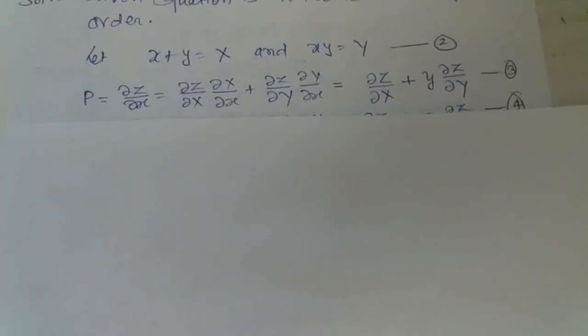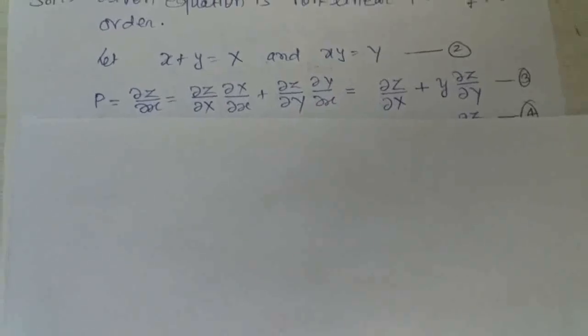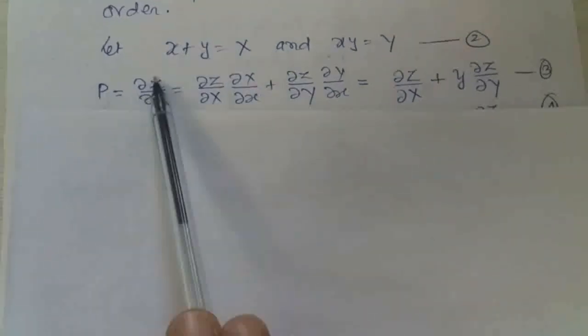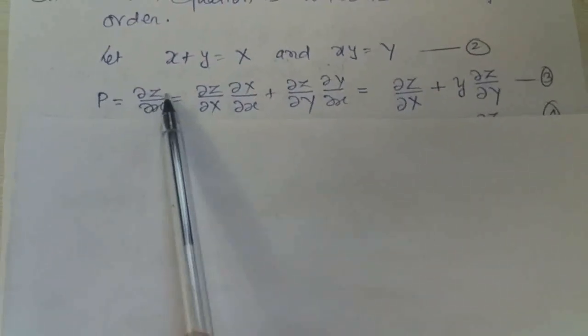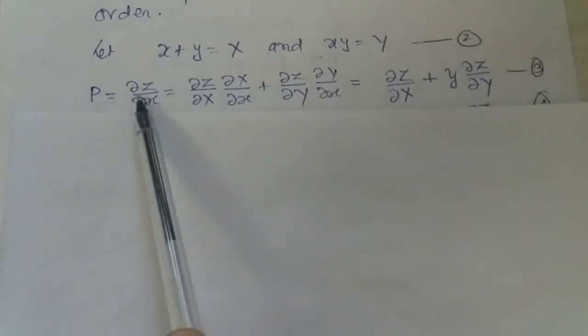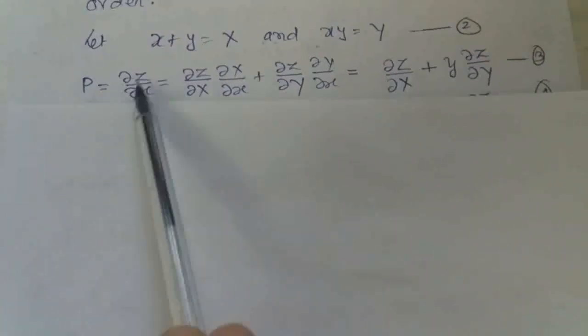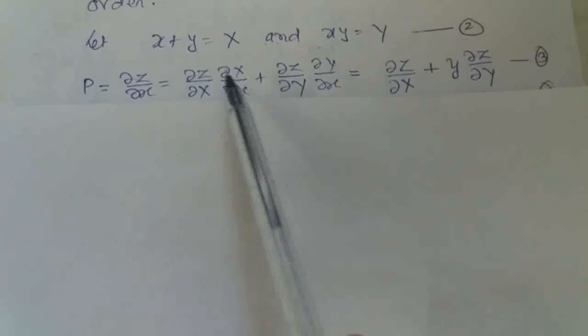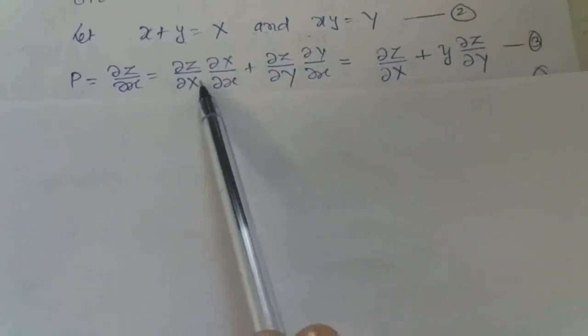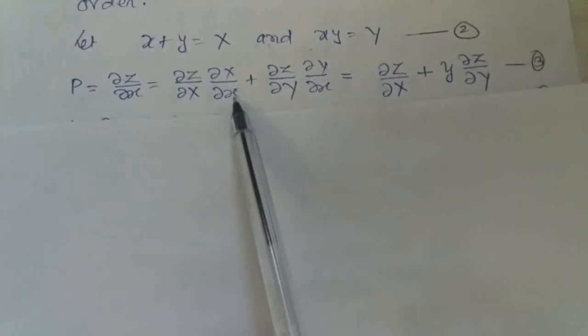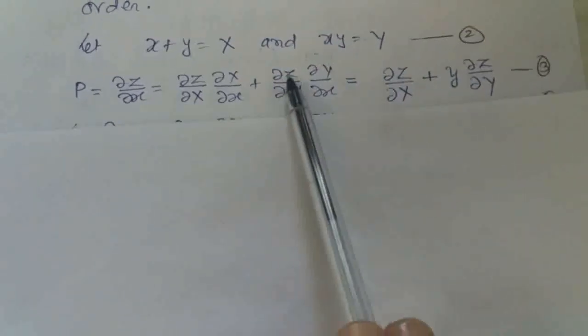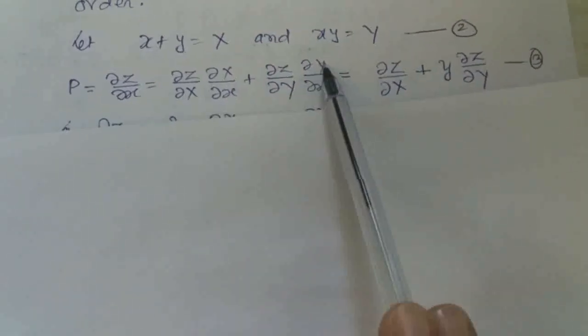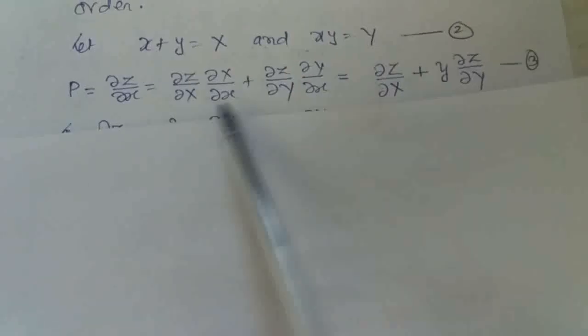So p is del z by del x, but z is now a function of capital X and capital Y. Therefore, by chain rule, del z by del x equals del z by del capital X into del capital X by del small x plus del z by del capital Y into del capital Y by del small x.